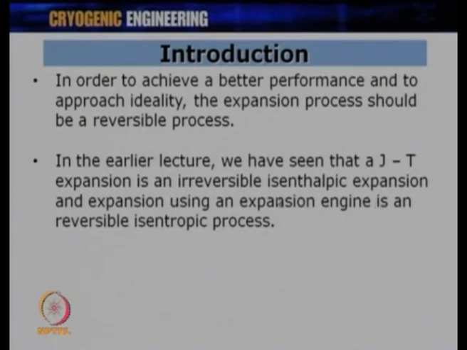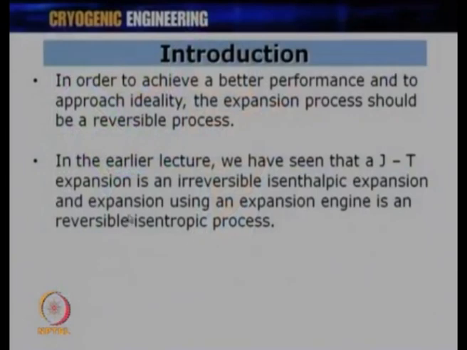In a domestic refrigerator, for example, what we have is a Joule-Thomson expansion achieved using a capillary tube. Till now, whenever we have expanded the gas in the earlier cycles, a JT expansion is used, which is an isenthalpic expansion and an irreversible process, and therefore, we have to worry about the inversion temperature of this gas, below which only the JT expansion would result in cooling.